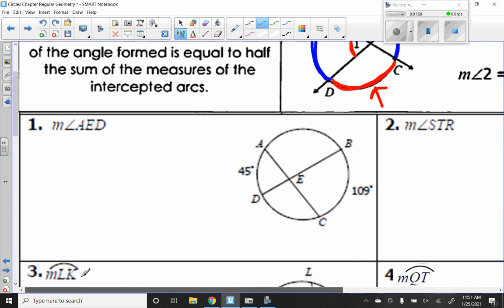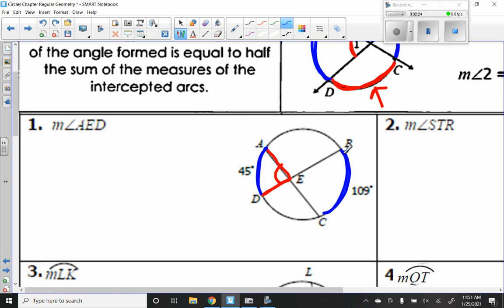All right, how to find angle AED. Angle AED is this mouth right here. That would be an angle that points left or right. Therefore, angle AED will use 45, the left arc, and the right arc.